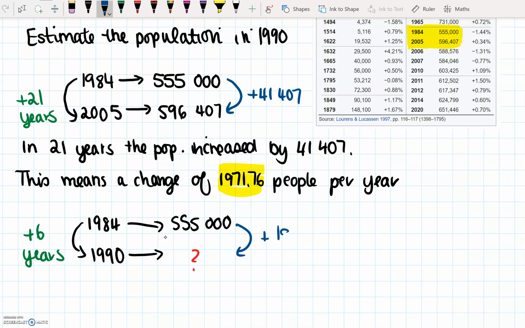So 1,971.76 times how many years it was, because this was the change per year. We know we had 6 years, so it's times 6.